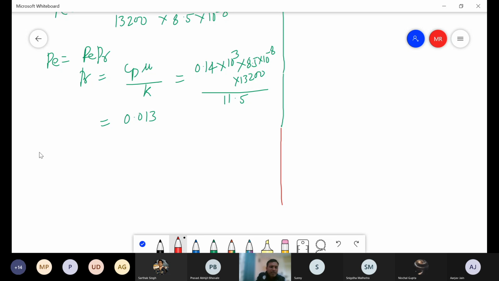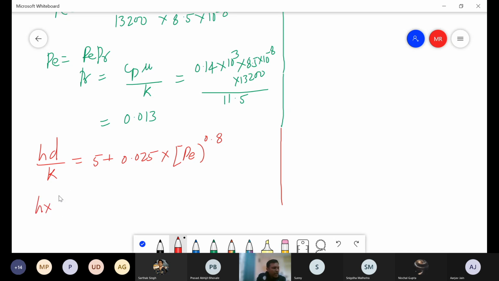So Nusselt number is h D by K, and for a liquid metal that is given as 5 plus 0.025 into Peclet number raised to the power 0.8. This is the correlation. So h we wanted to calculate.